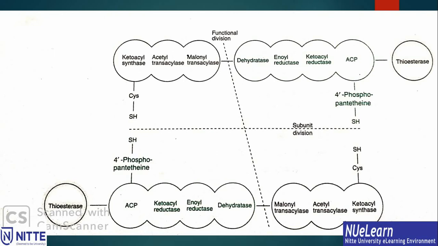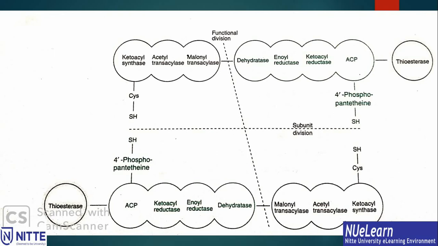Thus, the fatty acid synthase structure has both functional division and subunit division. The two functional subunits independently operate and synthesize two fatty acids simultaneously. Here ends the structure of fatty acid synthase.